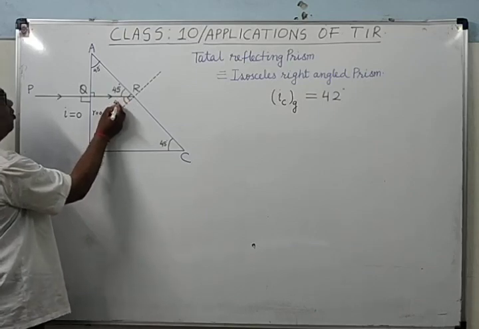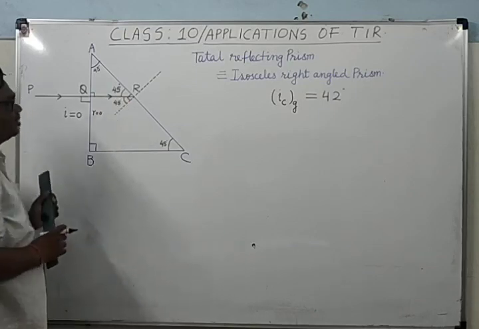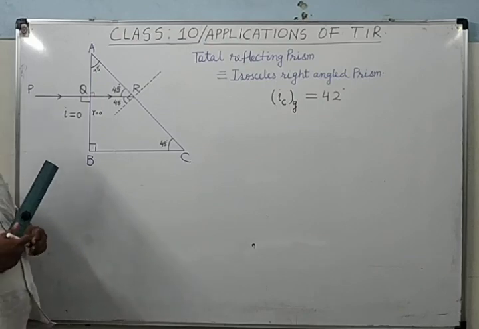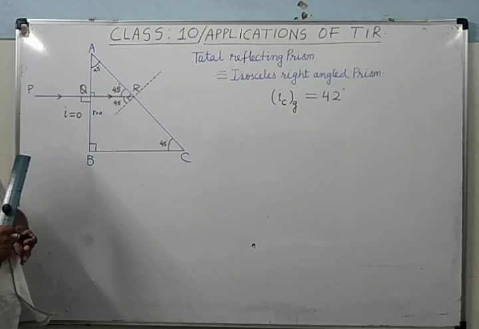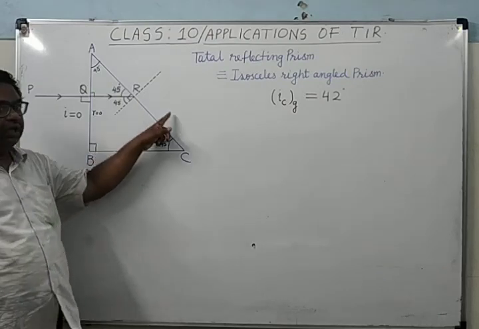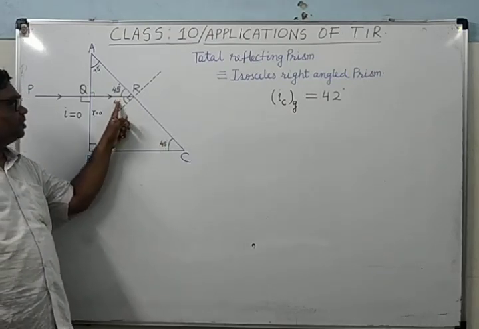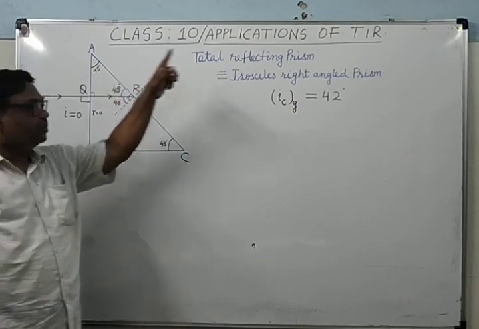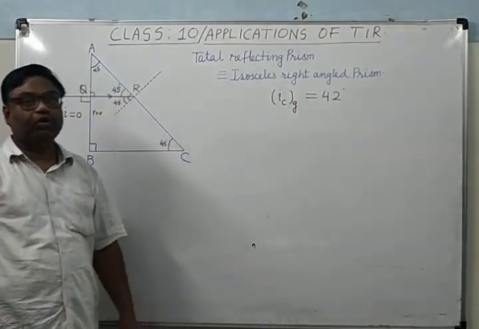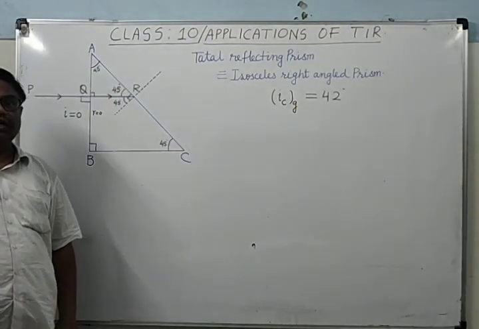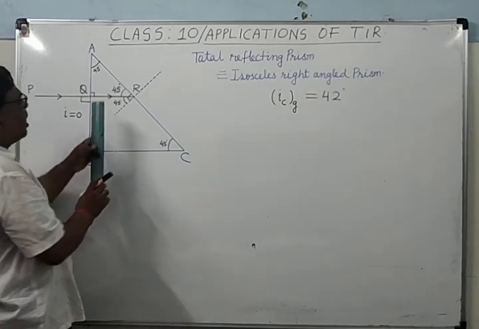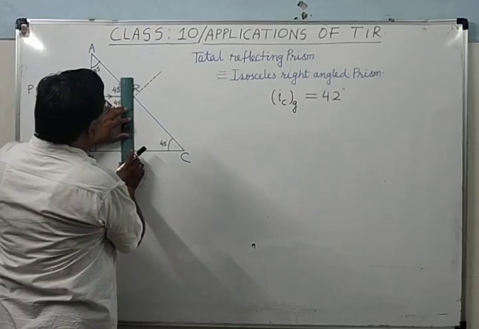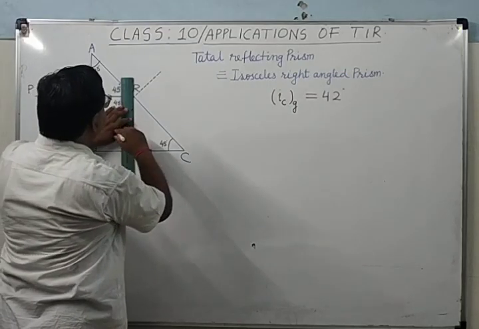It will be 45. Now you can see here, at the point R, the ray is intended to go from glass to air. The angle of incidence is 45 degree, which is greater than 42 degree. So what will happen? Total internal reflection will take place, and the ray of light will get reflected obeying the laws of reflection.